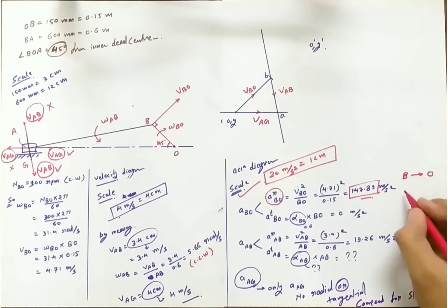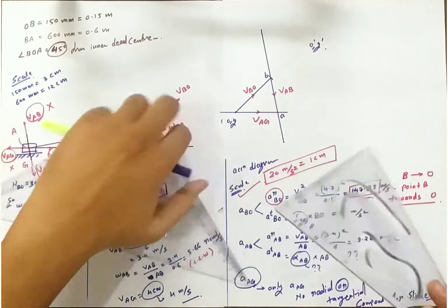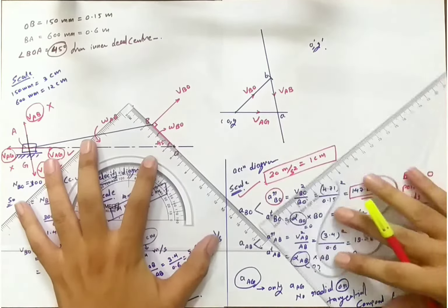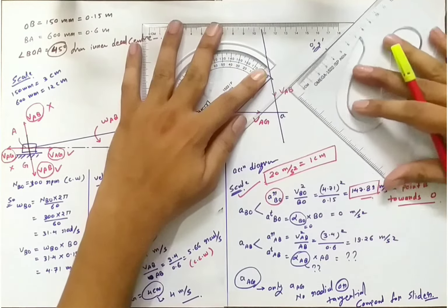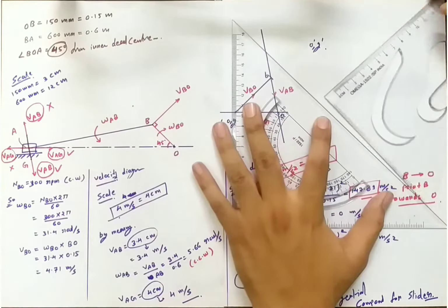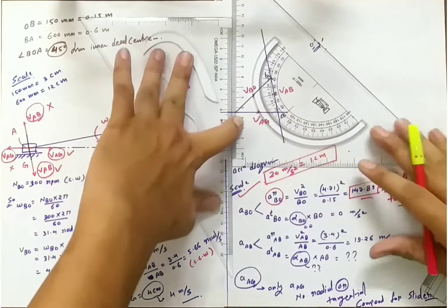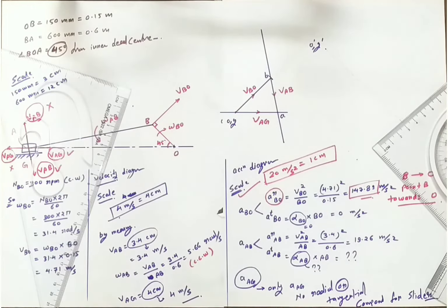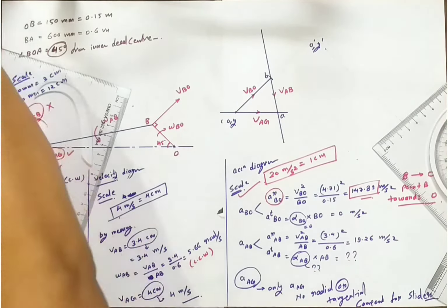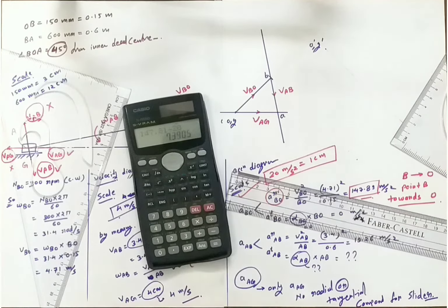In this question we will mark the fixed point, and for the radial component we have to go from B to O. The center point for OB is O, so B towards O. So you can see we have taken the direction from B to O, and again shifting the same from B to O. According to the scale, this is 7.39 centimeter.